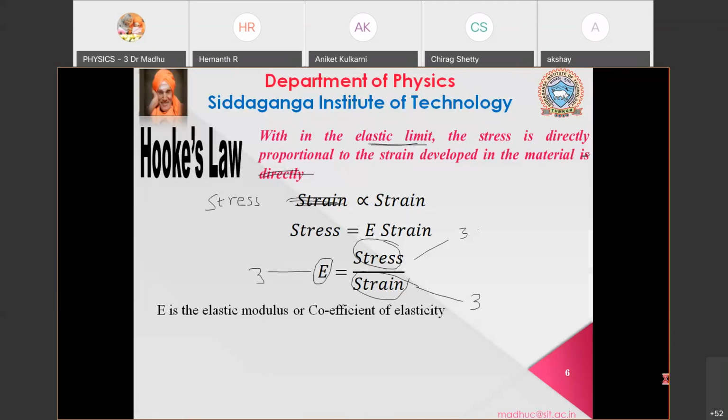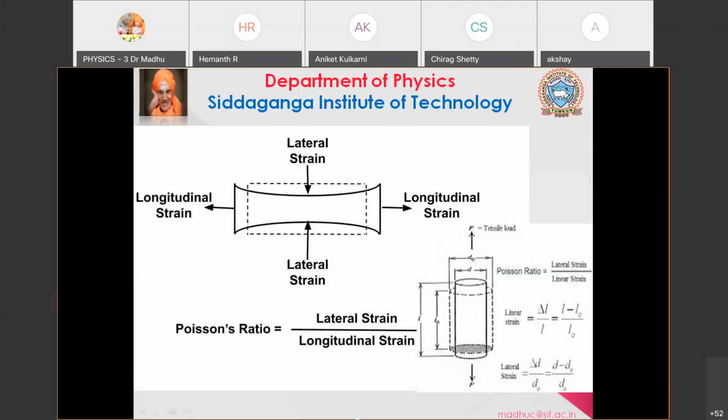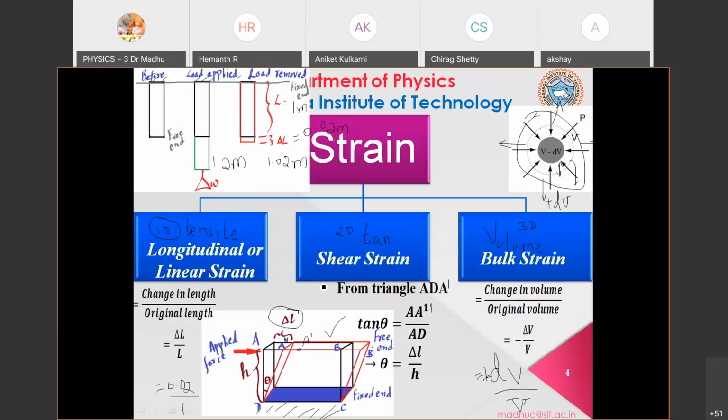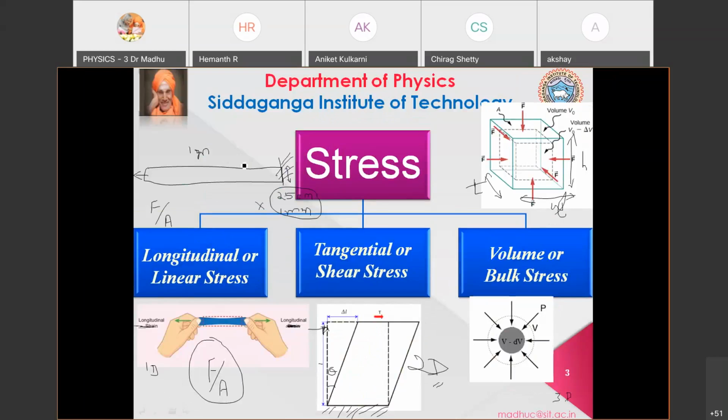Now the last one is your Poisson's ratio. What is Poisson's ratio? Can anyone say? When I was explaining the longitudinal strain, I told you I am taking some material which has a very long length, and the other two dimensions are very small.